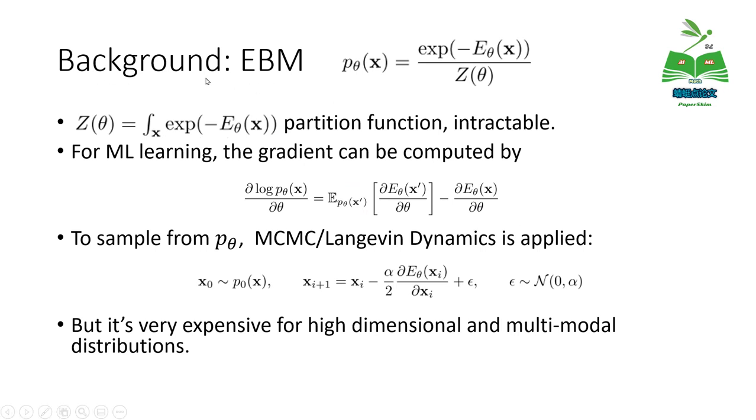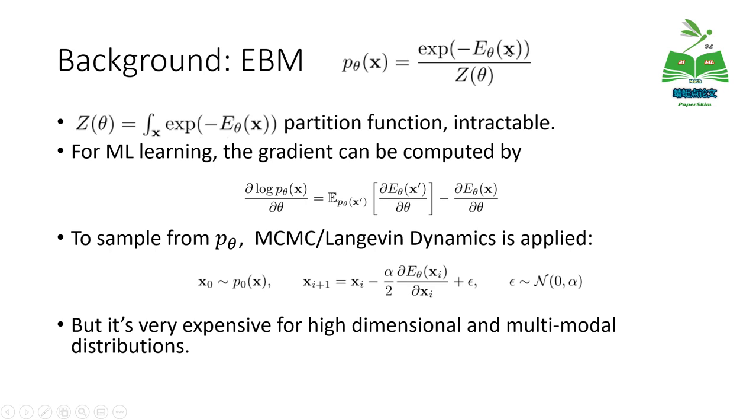Let's talk a bit about the background. First is the energy-based model. It defines the likelihood of x as a Gibbs distribution, also named Boltzmann distribution, with energy function E theta of x.